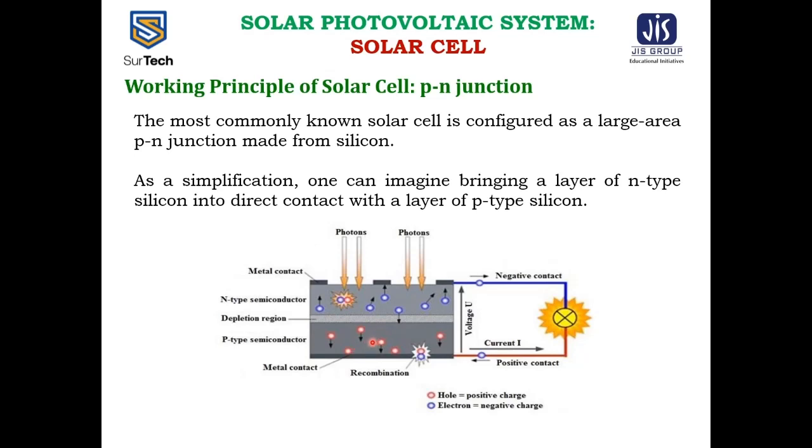When the N-type and P-type semiconductors are brought together, then due to diffusion, the depletion region will be produced, and this is the metal contacts at the upper portion, and this is the metal contacts of the lower portion. The photons are incident on the N-type semiconductor materials.